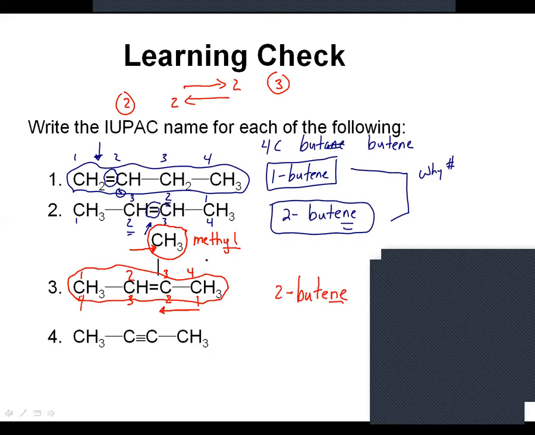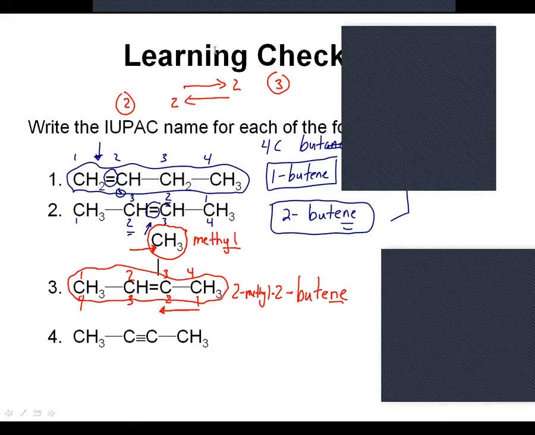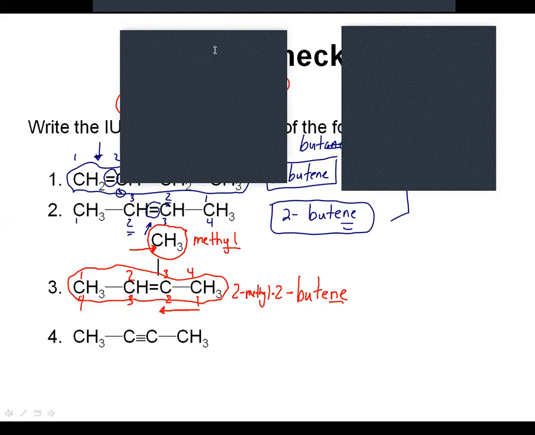And our methyl group would be at carbon number 2 as well, as I try to squeeze it in. So that'll give us something like 2-methyl-2-butene, the 2-methyl for the location of the methyl group on the carbon, the second 2 for the location of where the double bond is on that carbon. Any questions on that there?